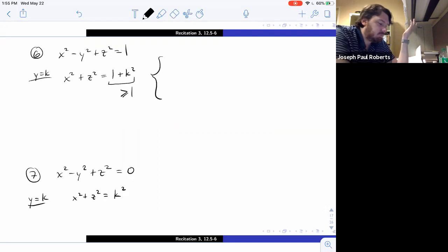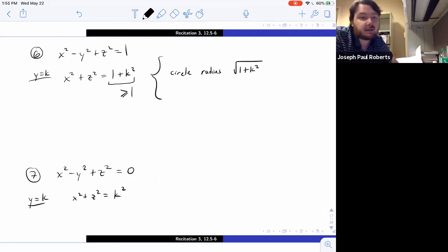So basically, no matter what, I get a circle of radius square root of 1 plus k squared. No matter what k is, I always get a circle.